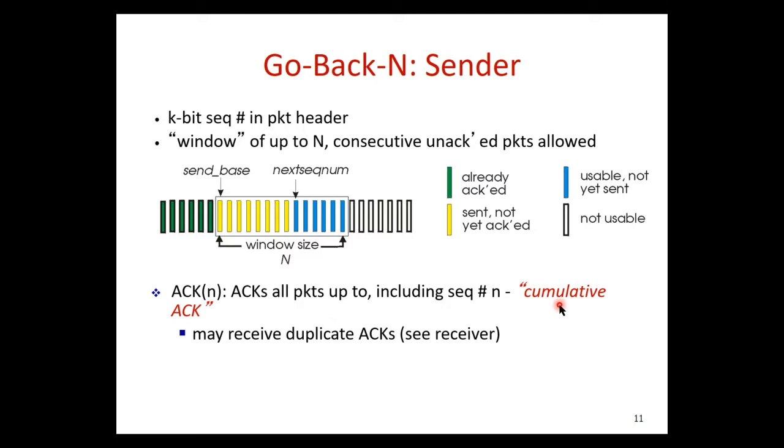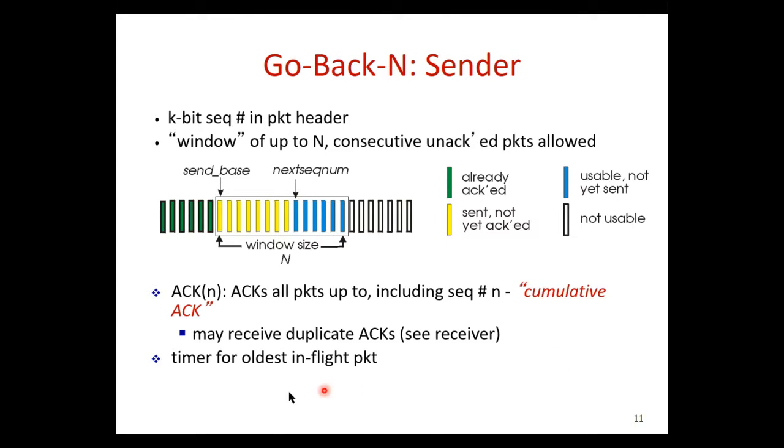That is the meaning of cumulative ACK. Also, the sender may receive duplicate ACKs. For example, it may receive ACK of 5 and then ACK of 5 again. We'll see later why that may happen.